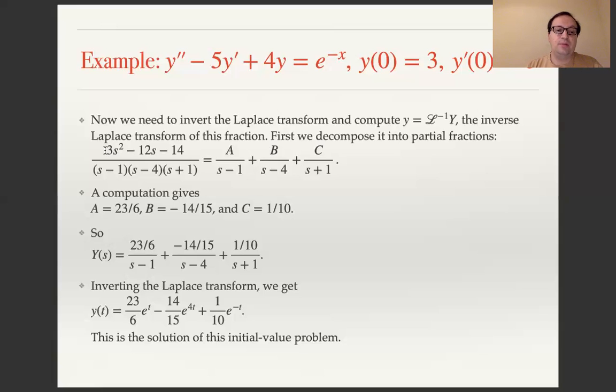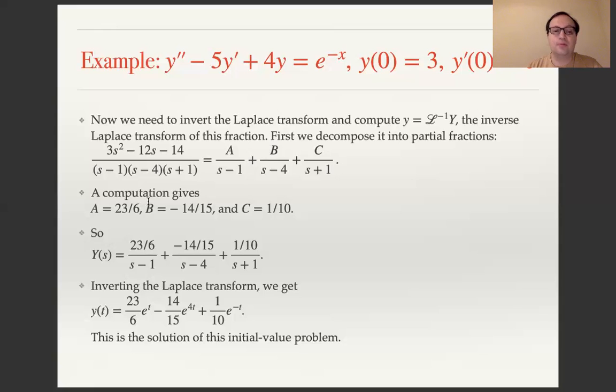So they will depend on 3s squared minus 12s minus 14. So we need to find a, b, and c such that this rational function, 3s squared minus 12s minus 14 over s minus 1 times s minus 4 times s plus 1, is equal to a over s minus 1 plus b over s minus 4 plus c over s plus 1.